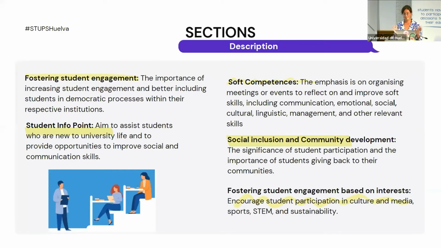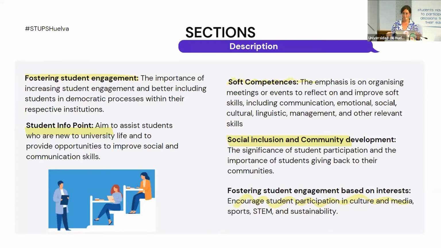Just to give you a bit of insight, but the best is for you to go through the guide later and check for yourself. In one of the sections, for example soft competencies, most of the practices we include are different events and meetings gathering things related to communication, emotional training, social and cultural activities, and tandems of different languages.